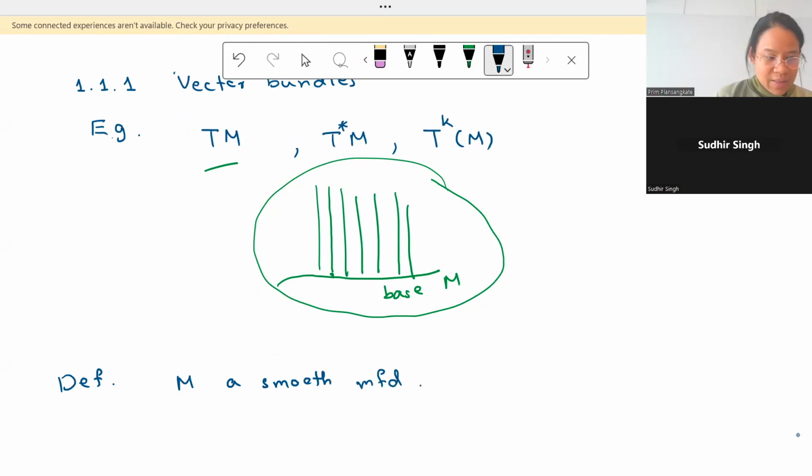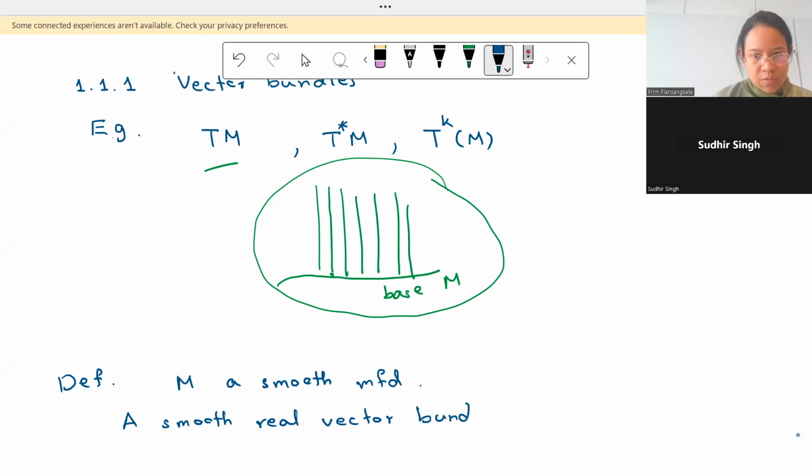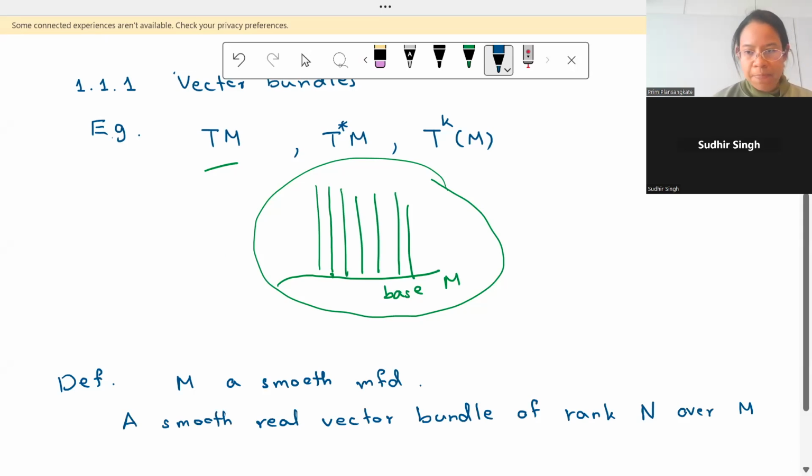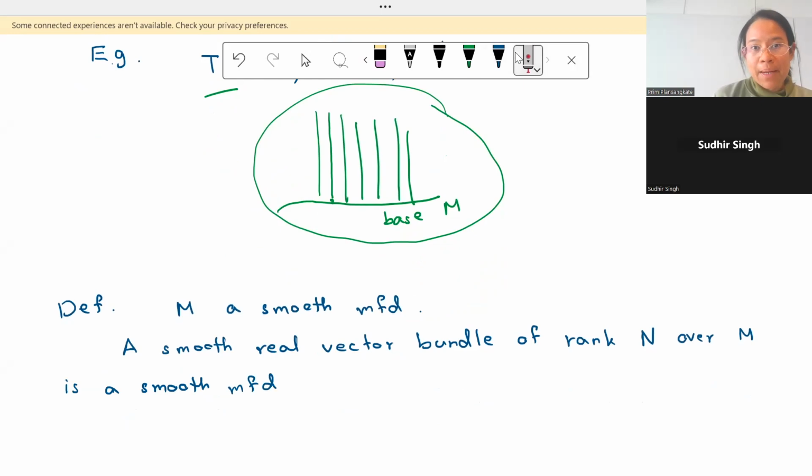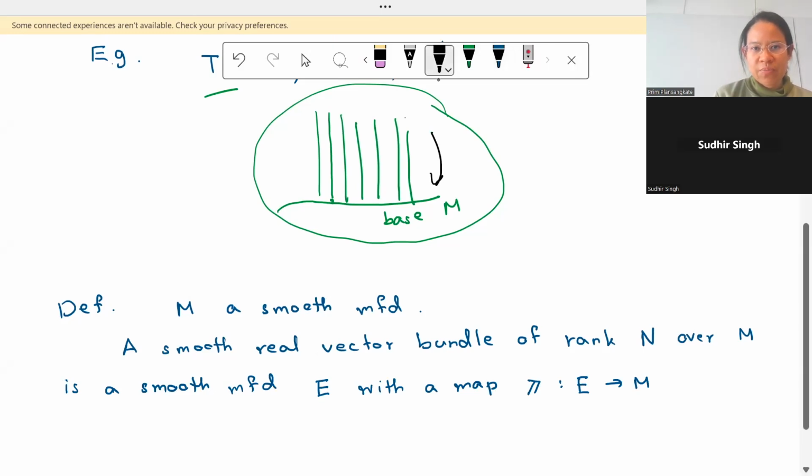For the moment, I will talk about real vector bundles first. A real vector bundle of rank N over the manifold M is another smooth manifold E, the total space, with a projection map pi from E to M, like a projection from the whole space onto the base, like we had before for the tangent bundle.